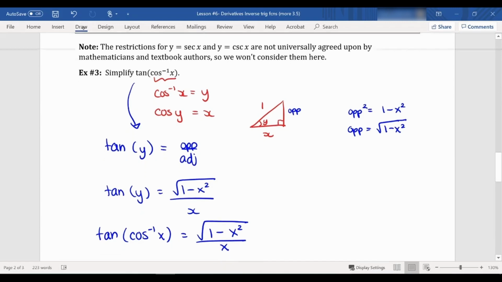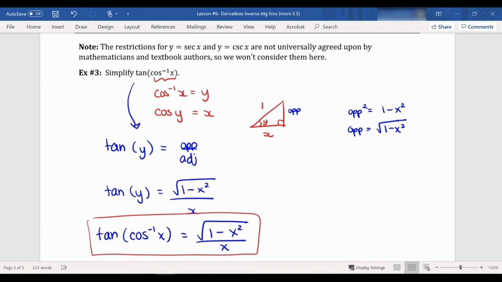So hopefully you have noticed that in all these questions, the first thing I'm doing is drawing myself a triangle, maybe rearranging whatever the inverse is to be written in the way we're used to seeing it. So we know that when we take the inverse of something, that something must be a ratio, and the answer that pops out will always be an angle.